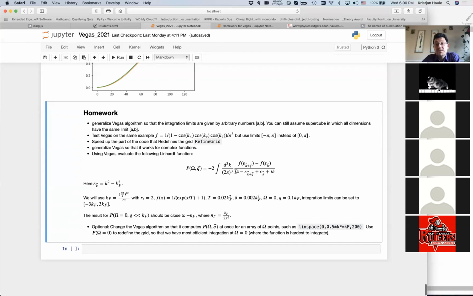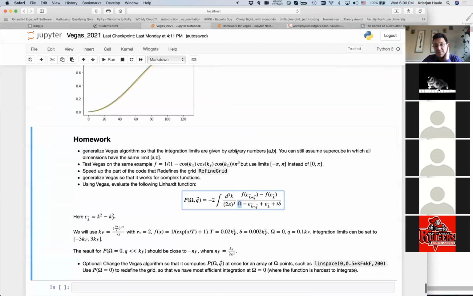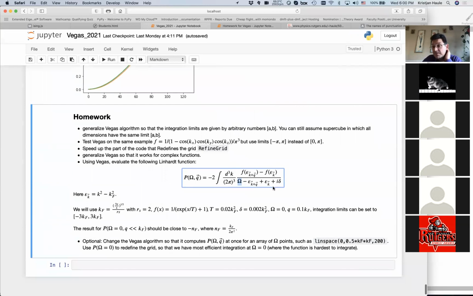The grid which you use for omega equal to 0 is pretty good for all other omegas. Why? Because by just looking at this function, you see that it is most singular when omega is equal to 0. It's kind of obvious. When omega is equal to 0, we have a real pole, isn't it?